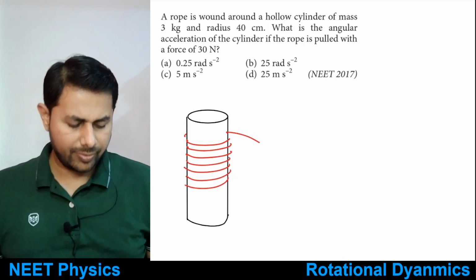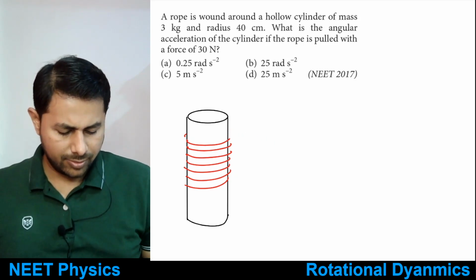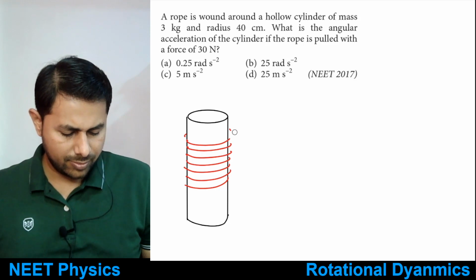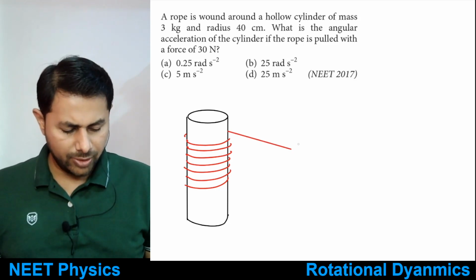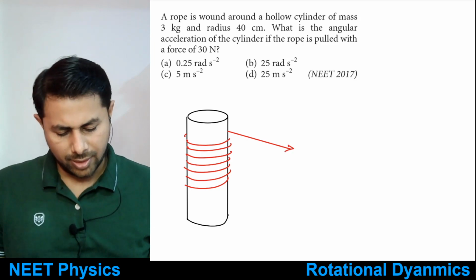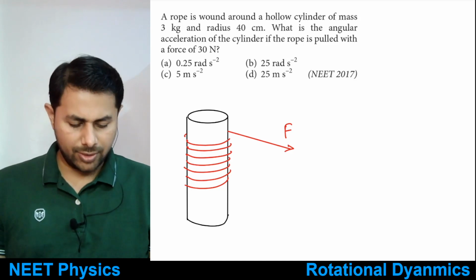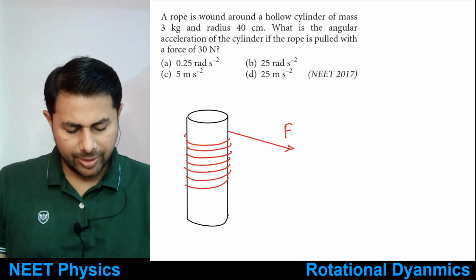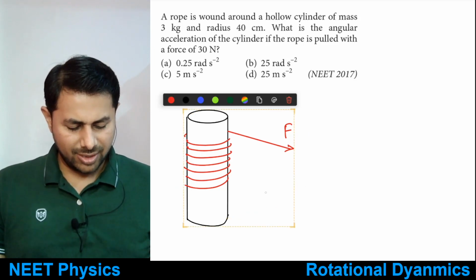And if you pull this rope, let's say in this direction, you pull the rope with some force, then what will be the angular acceleration? This is the question. Tell me.